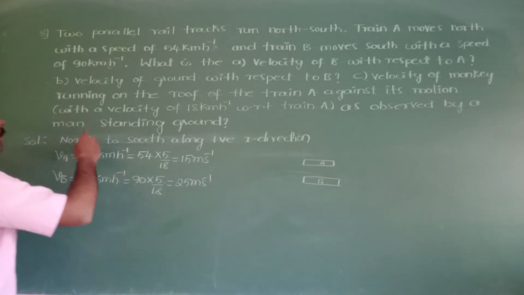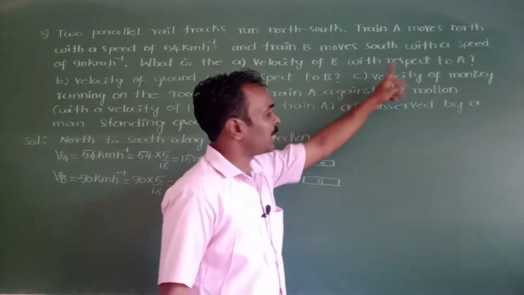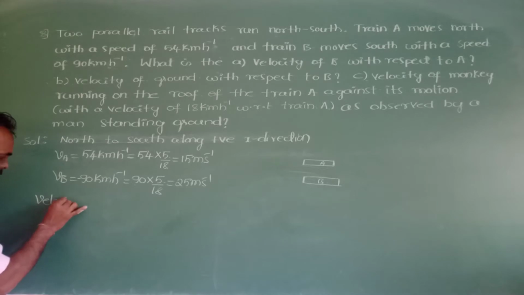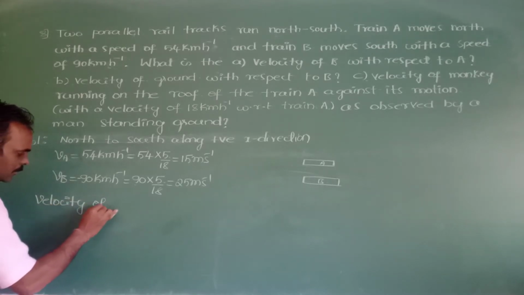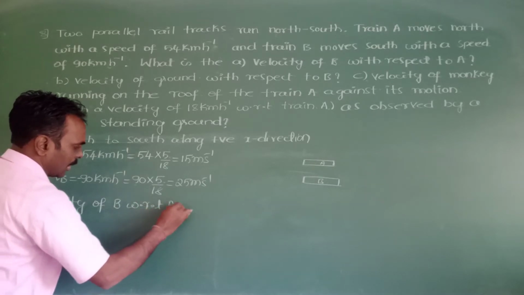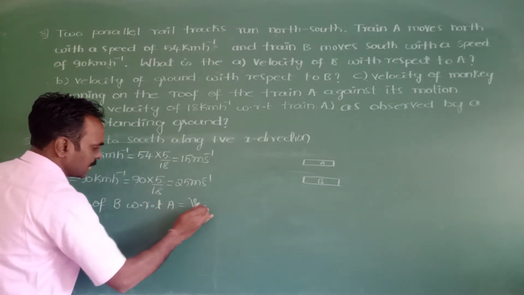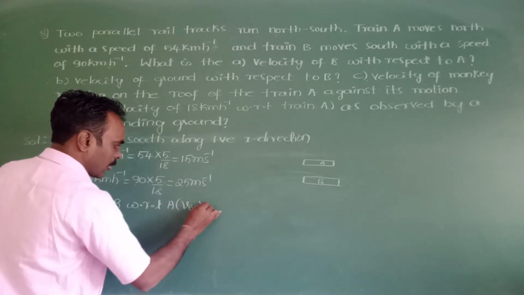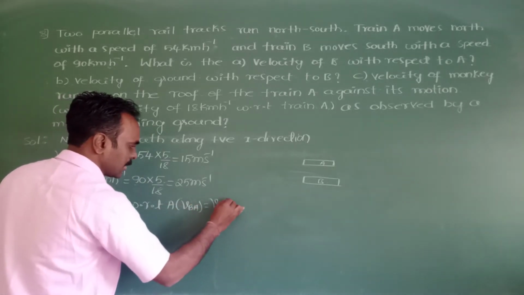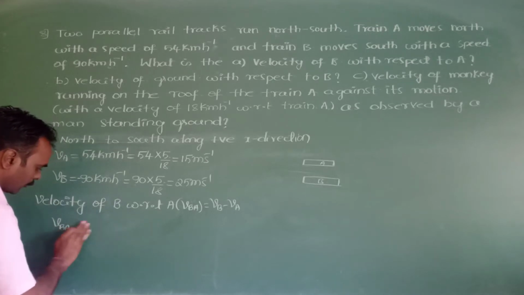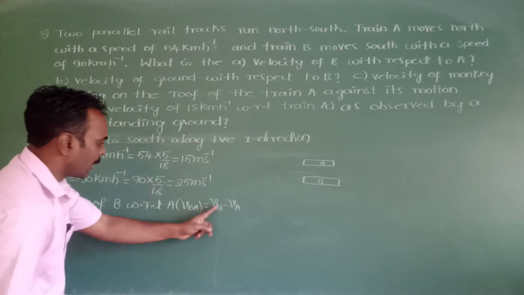Then the question A, the velocity of B with respect to A. Velocity of B with respect to A, we will write this as VBA, is equal to VB minus VA. So here VBA is equal to, what is VB?